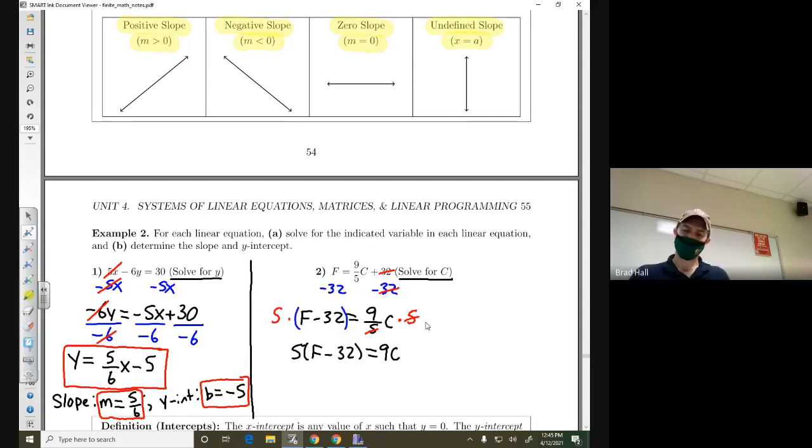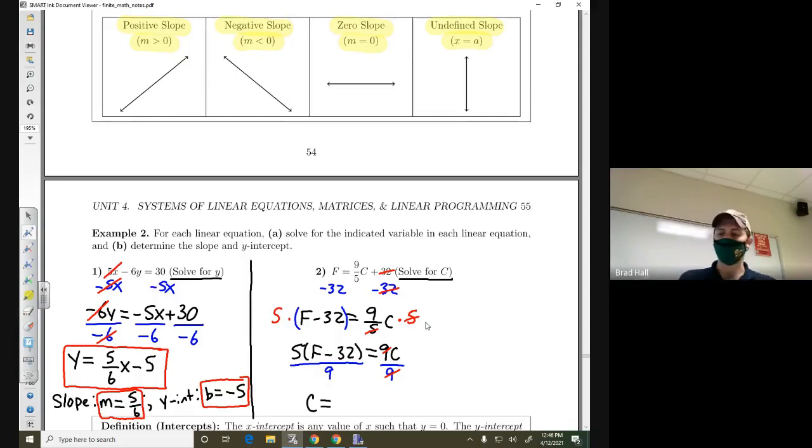Can't necessarily remember. Maybe we'll do it both ways, just in case. Let's just suppose that they leave the 5 outside. But to get c by itself, we can divide both sides by 9. And that fully gets c by itself.